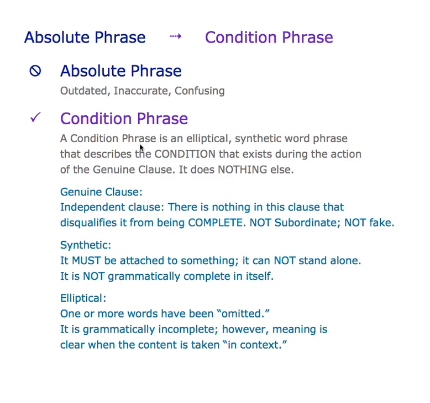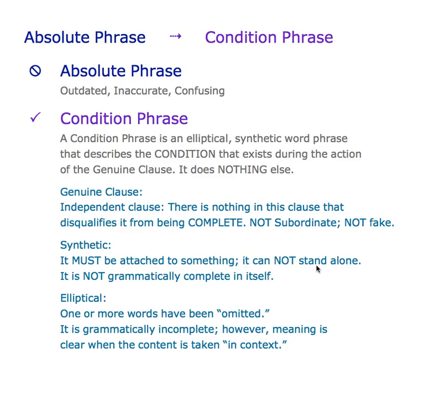A condition phrase is an elliptical synthetic word phrase that describes the condition that exists during the action of the genuine clause. It does nothing else. And in this definition, you see genuine clause, which is actually an independent clause. That's what you would call it. But in my system, I call it a genuine clause. Synthetic means it must be attached to something.